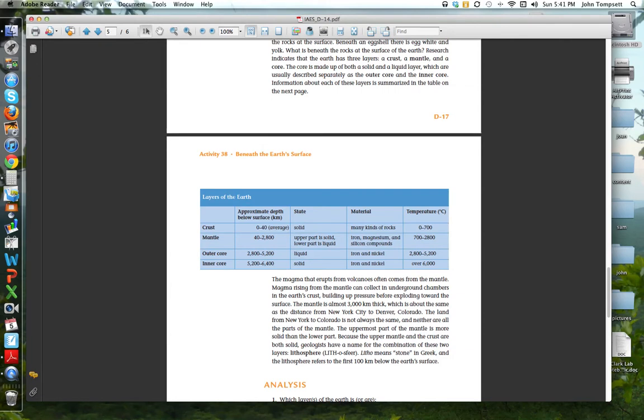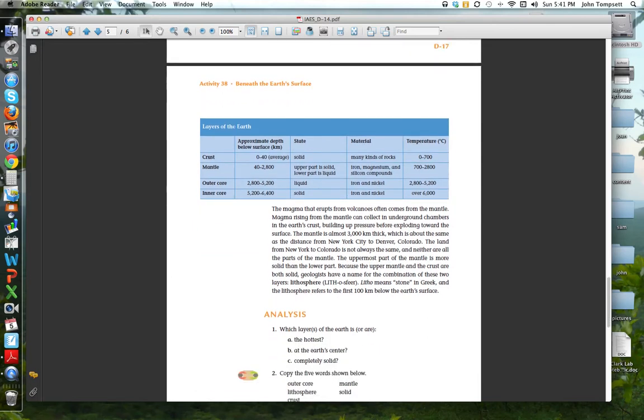The fourth column is the material that layer is made up of. And the fifth column is the temperature in centigrade. You can see going all the way from 0, possibly up at the top, to over 6,000 degrees Celsius. Remember, that's not Fahrenheit. That's a little different.